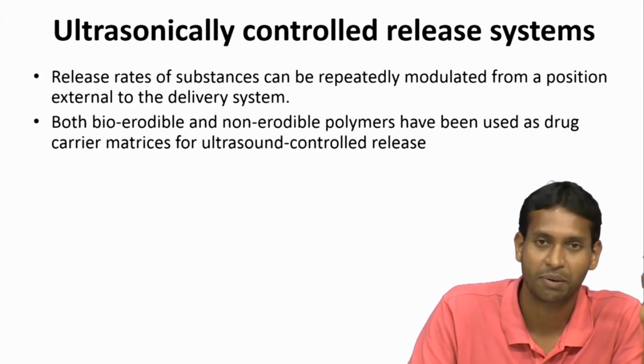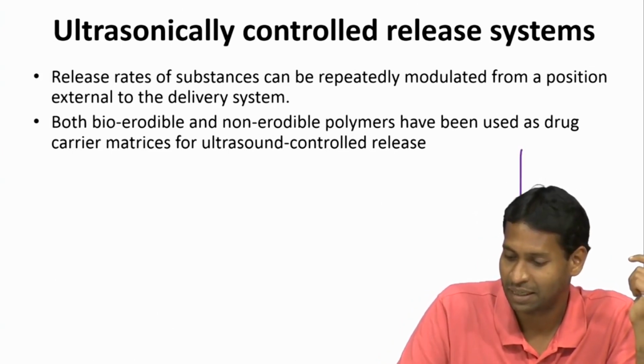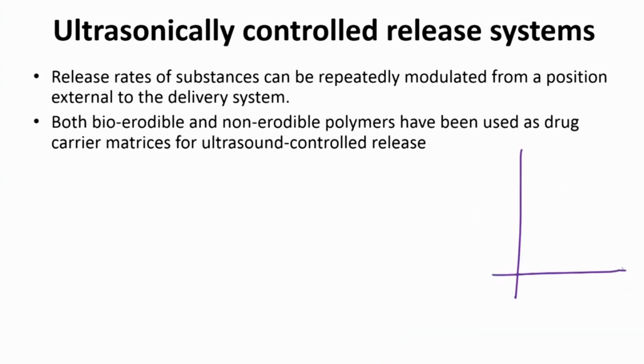If you are using bioerodible polymers, then if I start plotting the release rate, there is some release happening because the polymer matrix is being eroded. Now if I give ultrasound, immediately some of it will come out further because of enhanced diffusion, and once I stop ultrasound it will go back to eroding. This can be done over multiple cycles.